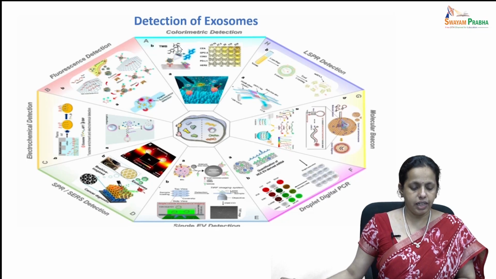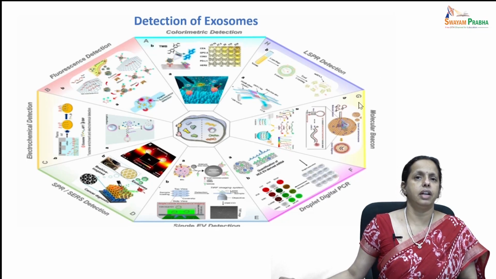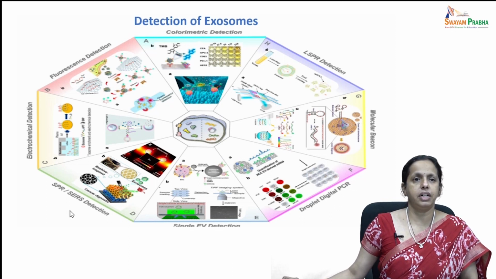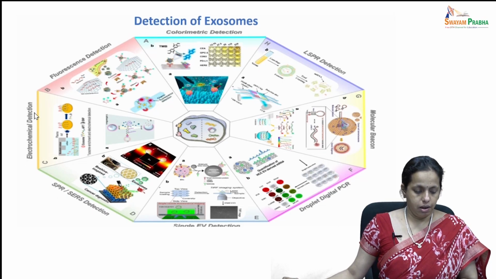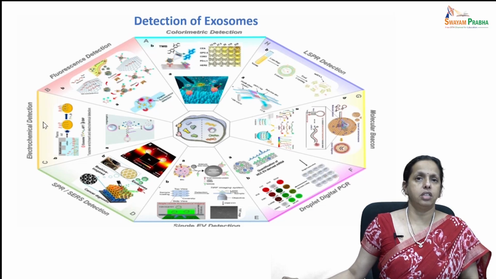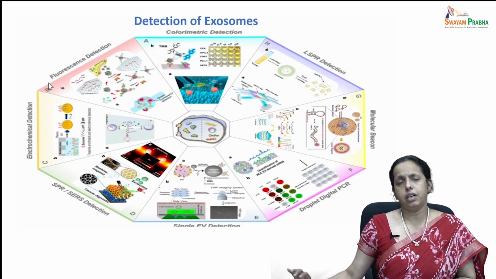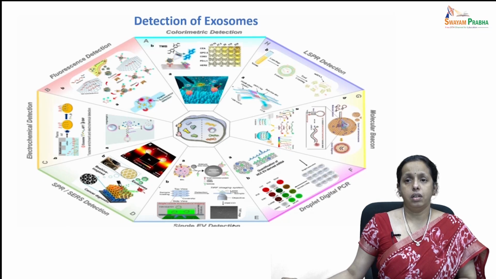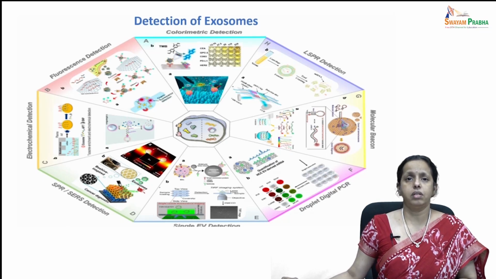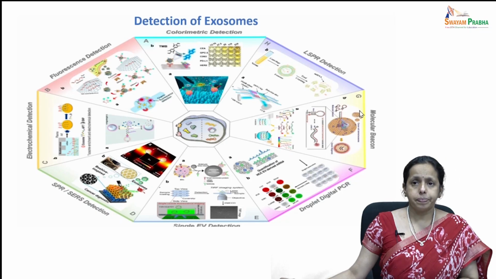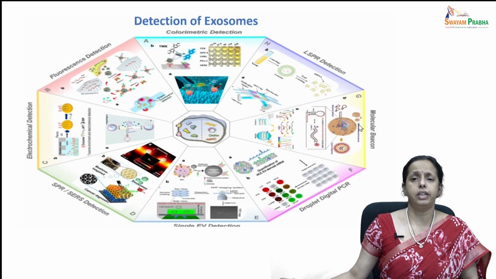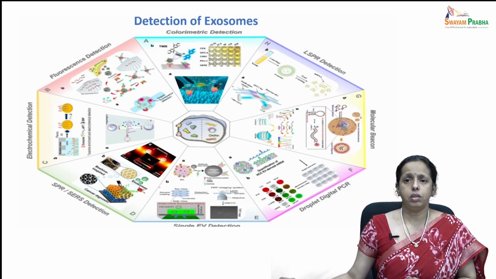By fluorescence detection, colorimetric detection, droplet digital PCR detection, single EV detection, SPR detection and electrochemical detection. Molecular beacons are also a very important tool to detect exosomes.